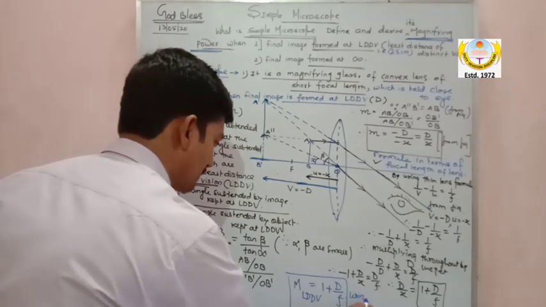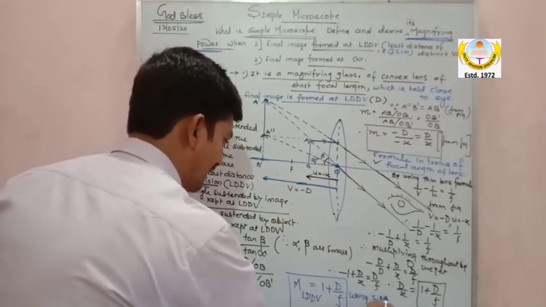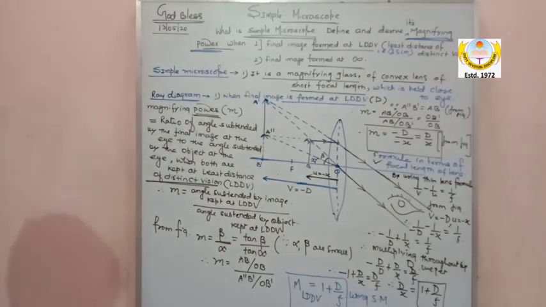So this is the formula for magnifying power when the image is formed at LDDV. And now let's see for infinity.